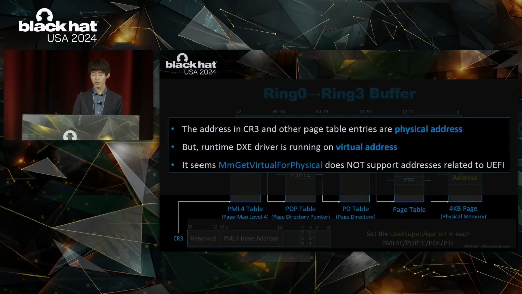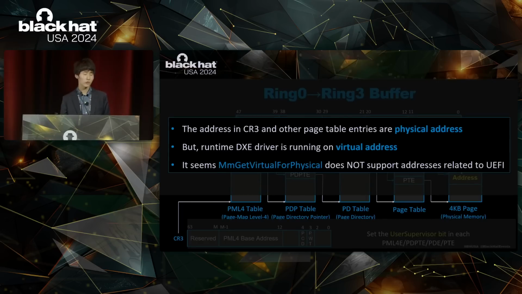However, the problem here is that the addresses in the page tables and in CR3 are all physical addresses. The runtime DXE module runs on virtual addresses after the OS starts, so even if you read the CR3 register, you cannot access the PML4 because it is a physical address.